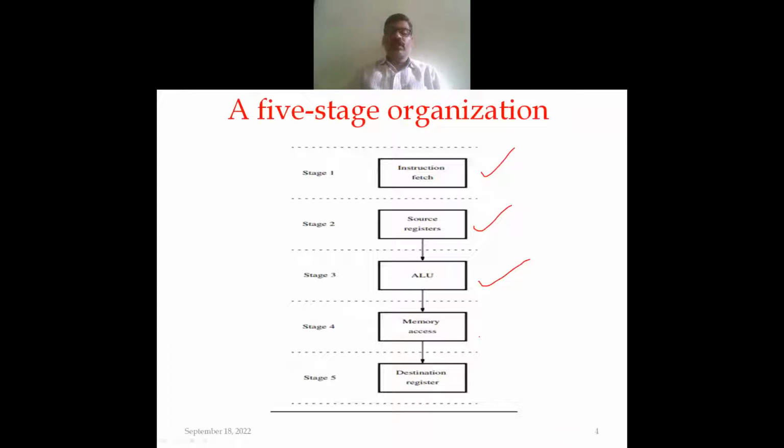Stage 4 is memory access, and after the arithmetic logic operation, whatever result we get is stored in the destination registers at stage 5. This is the 5-stage organization of the hardware used for instruction execution as well as the fetch cycles.